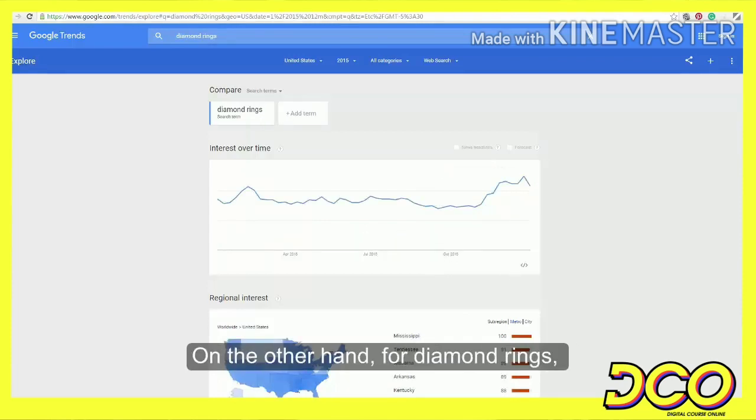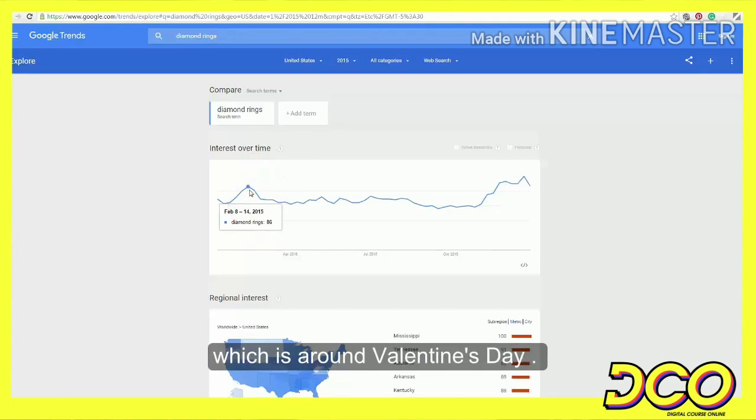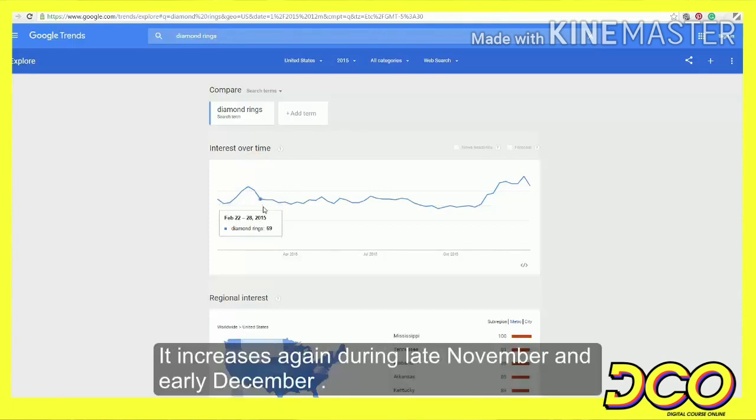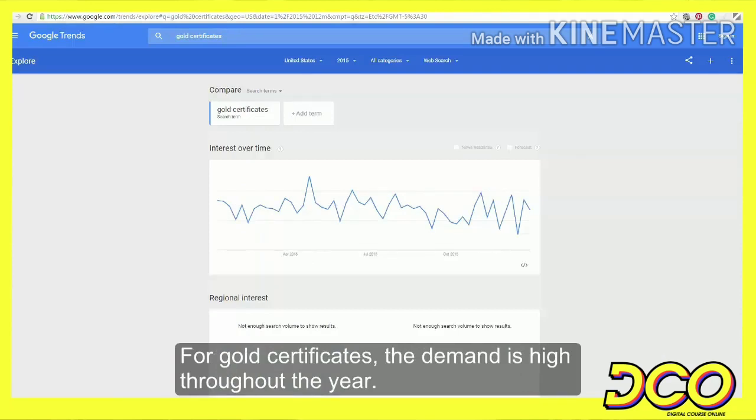On the other hand, for diamond rings, the demand hits a high in mid-February, which is around Valentine's Day, and then falls a bit. It increases again during late November and early December.